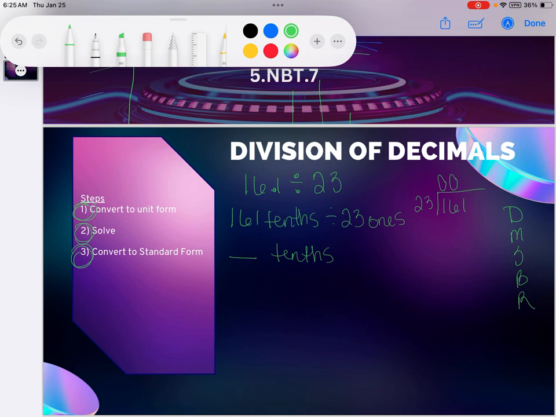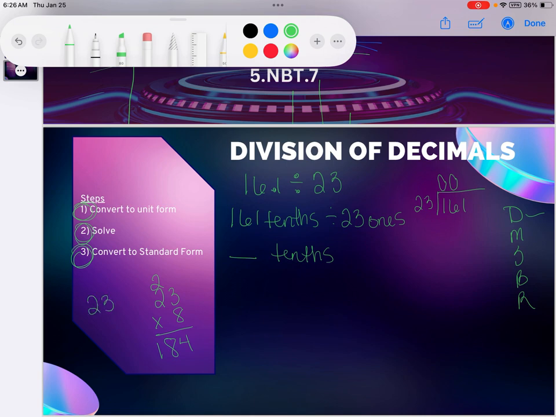So now I want to look at 23 and 161. So I'm at division. 161 divided by 23. Well, I know 161 is about 160. 23 is about 20. So maybe 8 times. So on the side, I'm going to do 23 times 8. Just try it out. Too large.